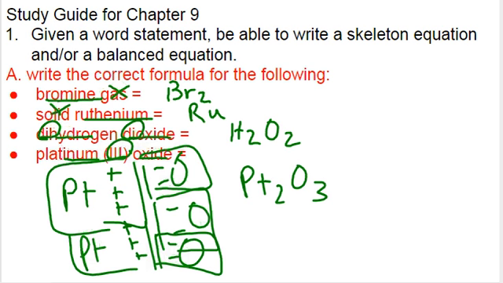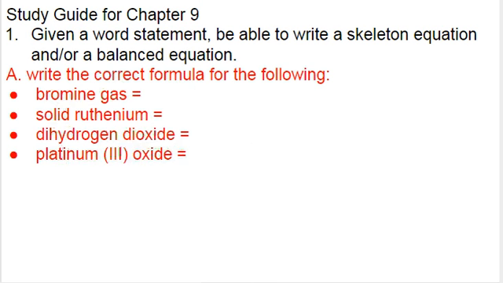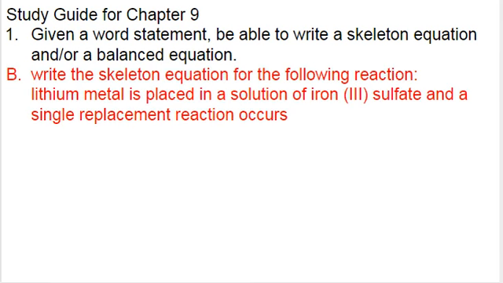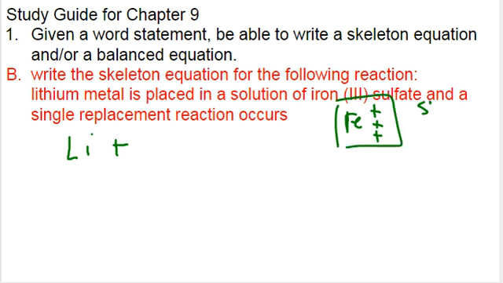So then using this information, we're going to use this same set of rules to go ahead and write a skeleton equation for the following reaction. Lithium metal, so it tells you right there it's a metal, just going to be large and lonely, or Li, is placed in a solution of iron 3 sulfate. So iron's losing 3. If I look up sulfate, sulfate's SO4, and it needs to gain 2.